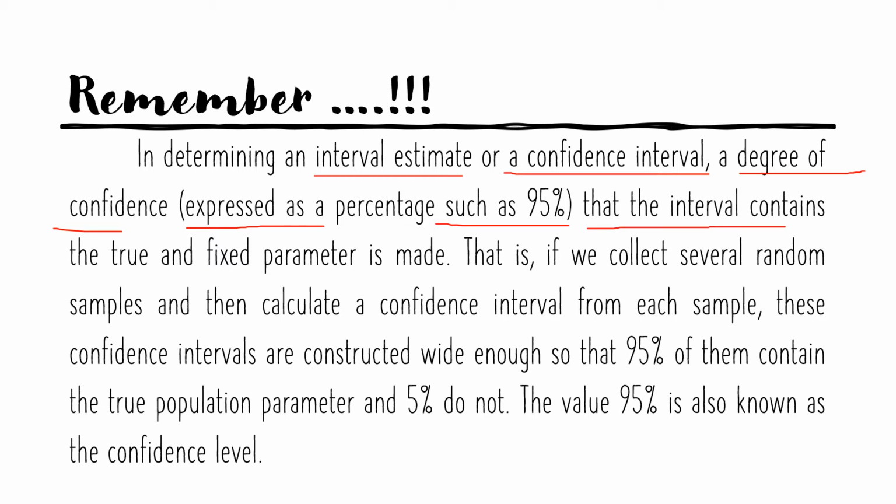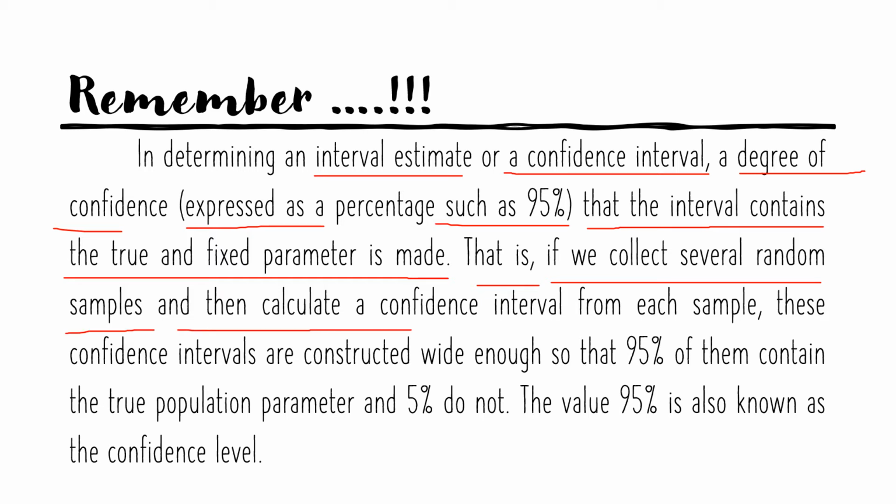If we collect several random samples and calculate a confidence interval from each sample, these confidence intervals are constructed wide enough so that 95% of them contain the true population parameter and 5% do not.